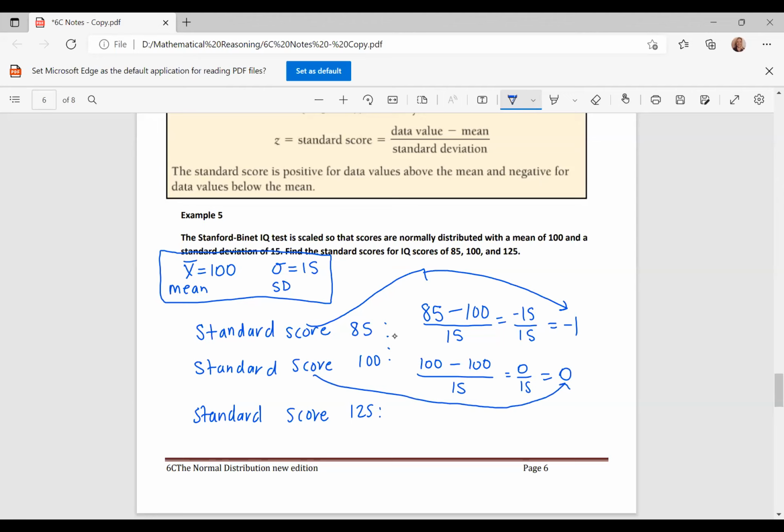Okay, what do you get on the standard score if that person has an IQ of 125? Let you respond in the chat to that. You want to take your score of 125 and subtract your mean and divide it by your standard deviation.